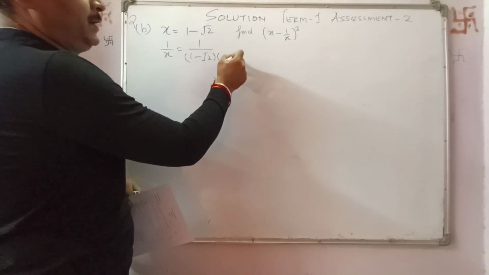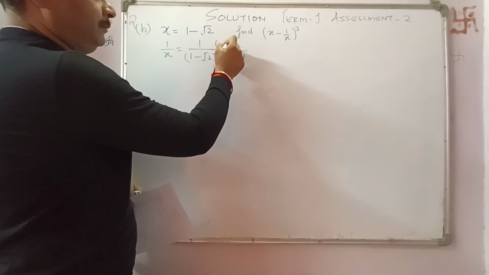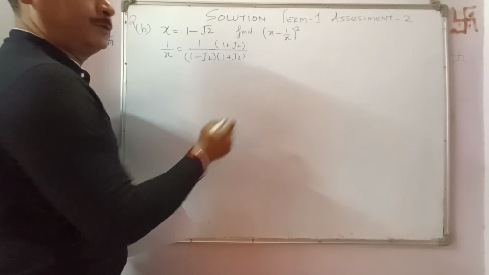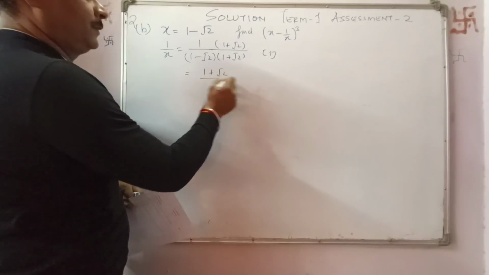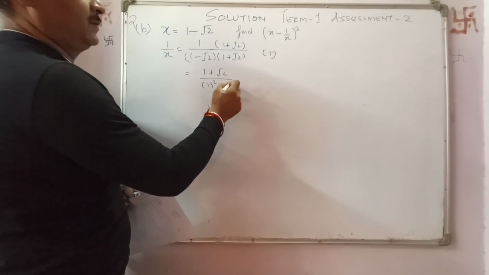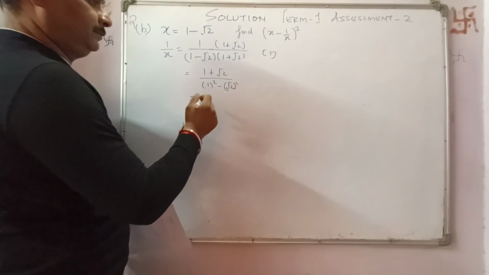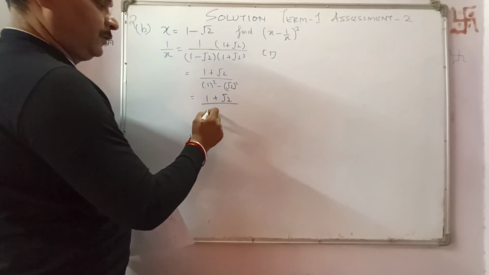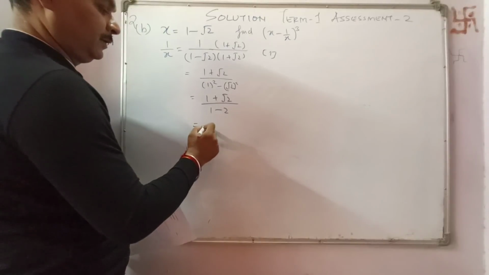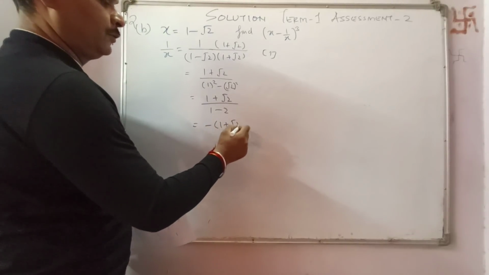Multiplying both numerator and denominator by 1 plus root 2 will give you 1 mark. 1 plus root 2 upon (1) square minus (root 2) square. So 1 plus root 2 upon 1 minus 2, or it will be minus 1 minus root 2.